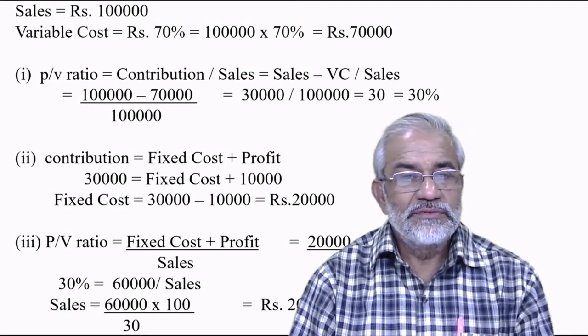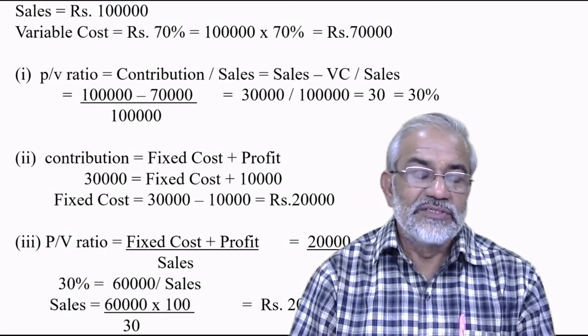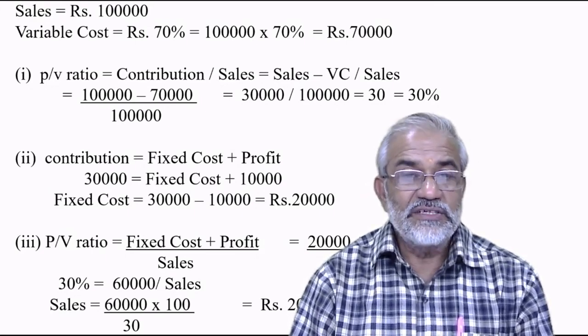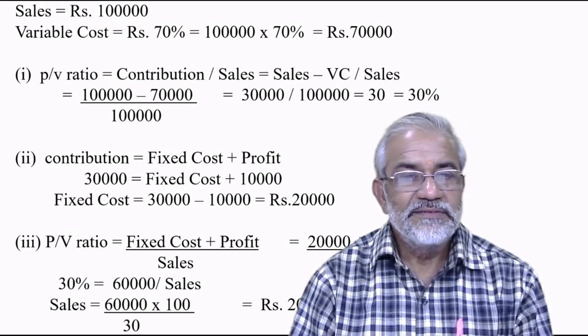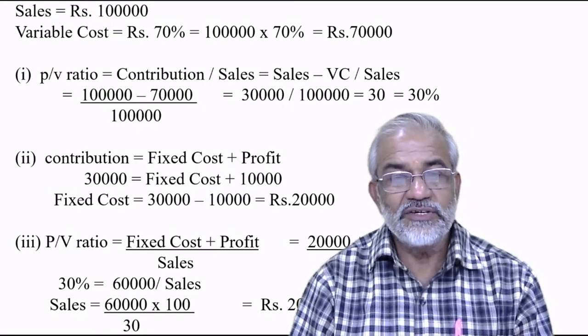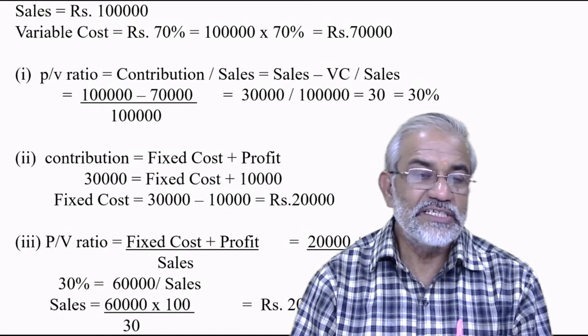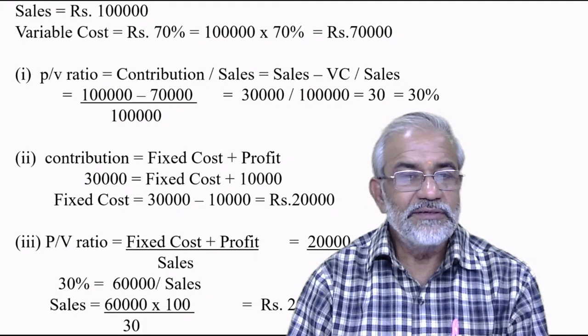So it comes to 30,000 minus 10,000. The fixed cost comes to 20,000. So when we are calculating the fixed cost, when profit is deducted from the contribution, that would be the fixed cost. So fixed cost automatically comes to 20,000 here by deducting 10,000 profit from the contribution.